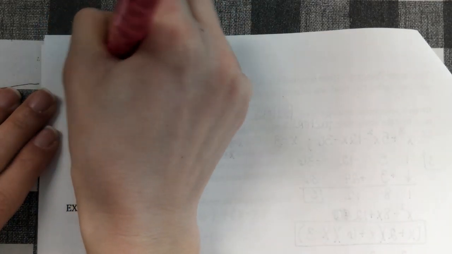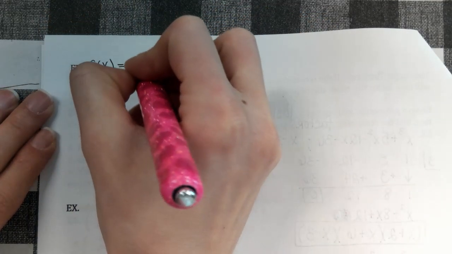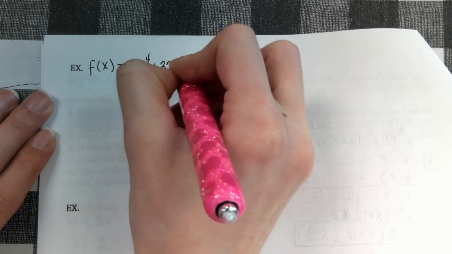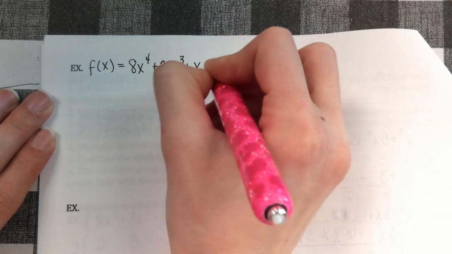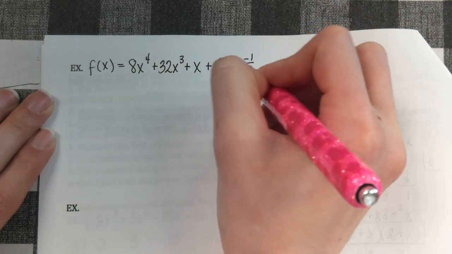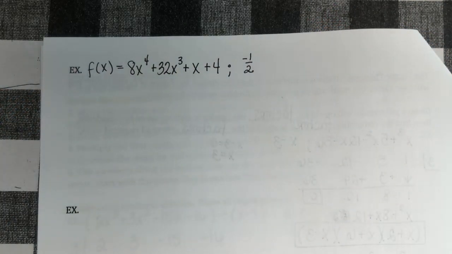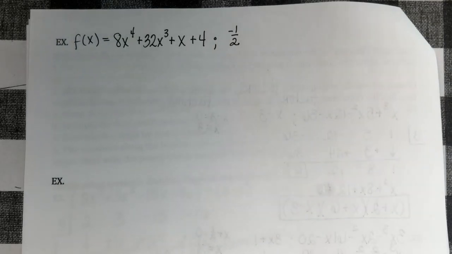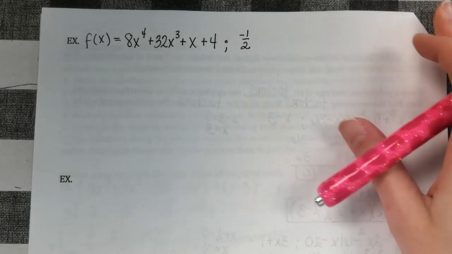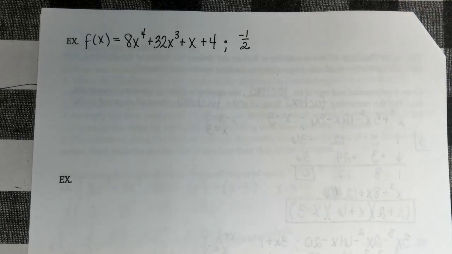All right, this next example, we have f of x equals 8x to the 4th plus 32x cubed plus x plus 4. And I give you a negative 1/2. If I have a negative 1/2, what do I need to do?